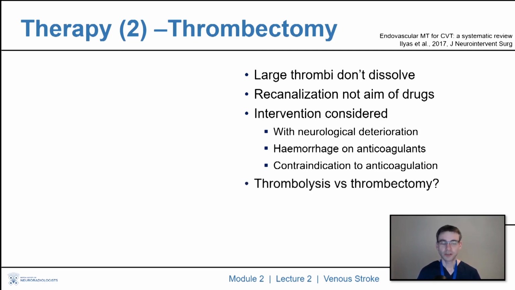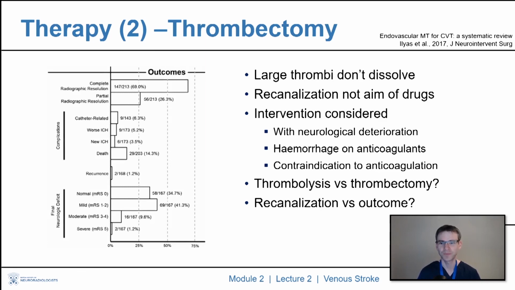We could consider two options, either catheter-directed thrombolysis or endovascular thrombectomy, a bit like stroke. Recanalization, however, is the aim of thrombectomy, but it's very difficult to know whether that really translates to a better outcome for the patient because any interventional procedure is going to carry risks with it as well.